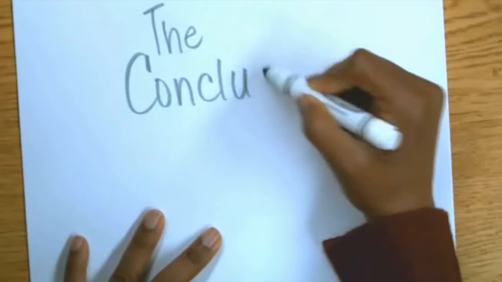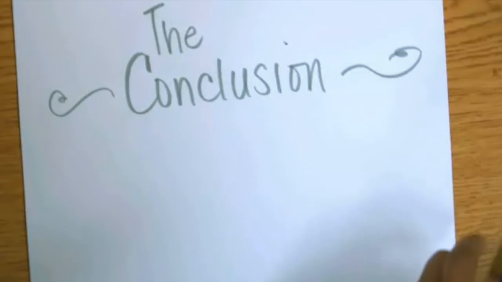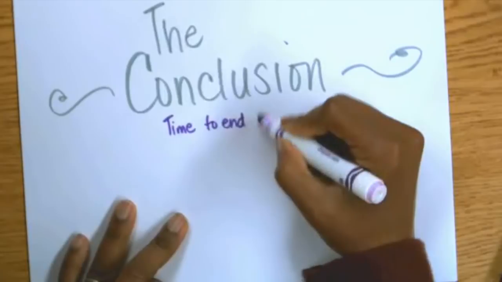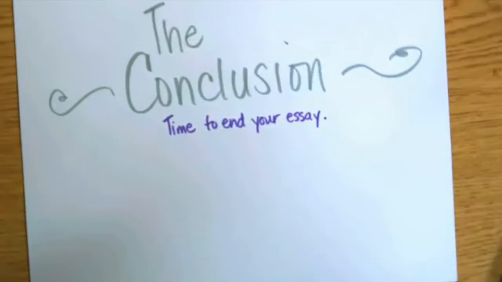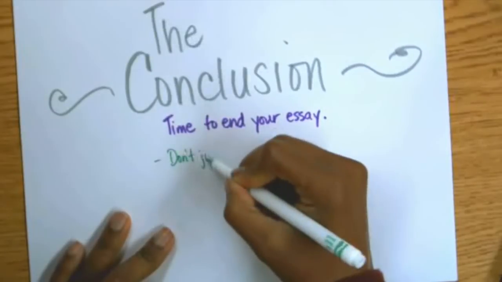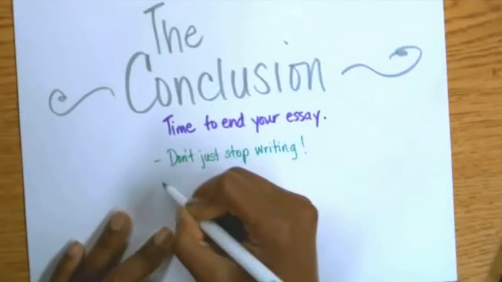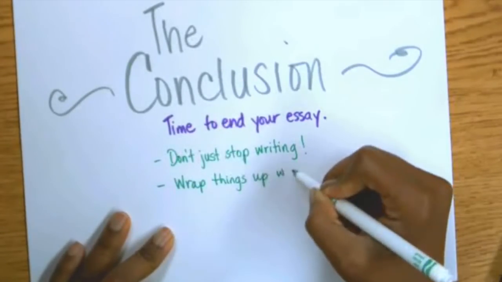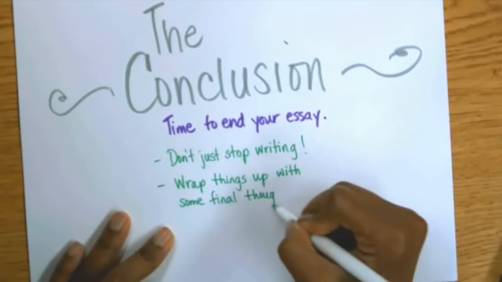So, like any good essay, an argument essay needs a conclusion. So, this is basically signaling to the reader that you are ending your argument. You can't just stop writing. That would seem incomplete. You need to take the time to wrap things up with some final thoughts.